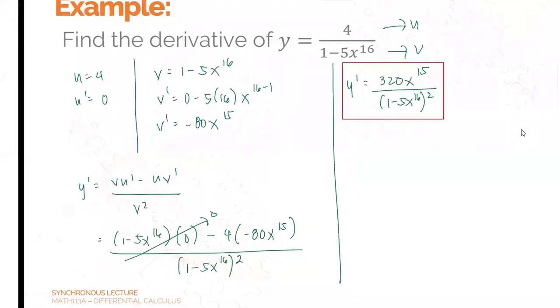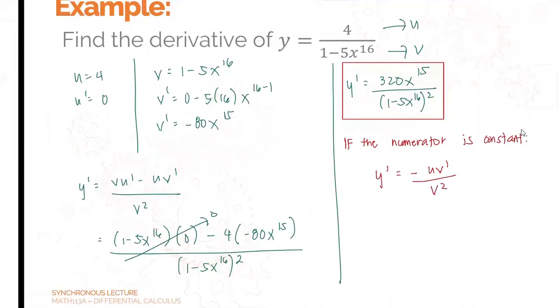Kaya dito, mapapansin nyo, may madederive kayong formula na kapag yung numerator natin is constant, yung y prime natin will be equal sa negative u v prime all over v squared.